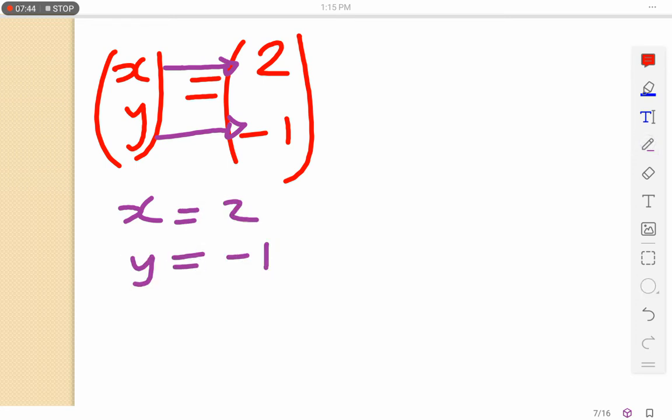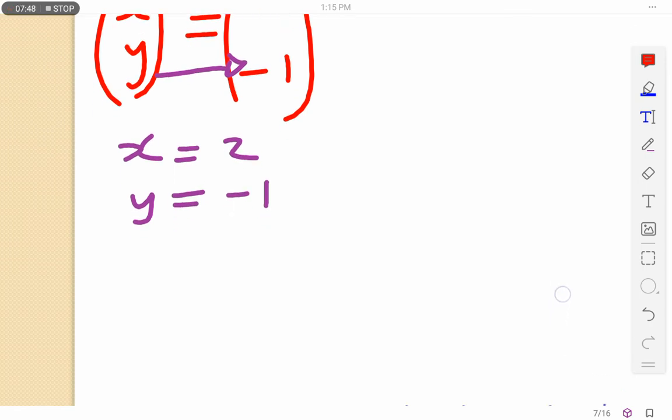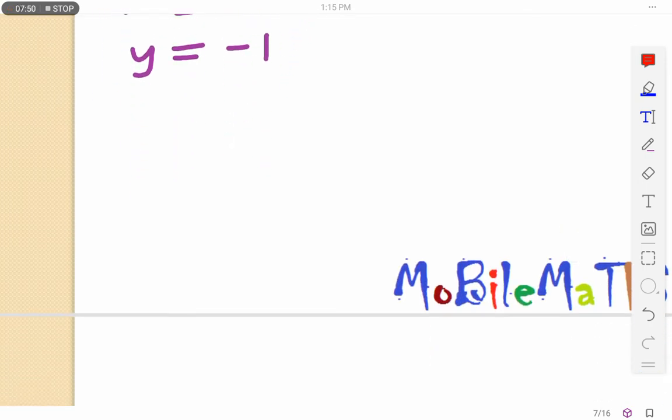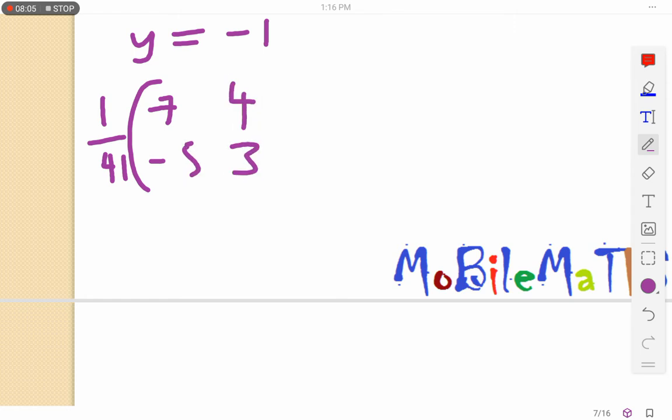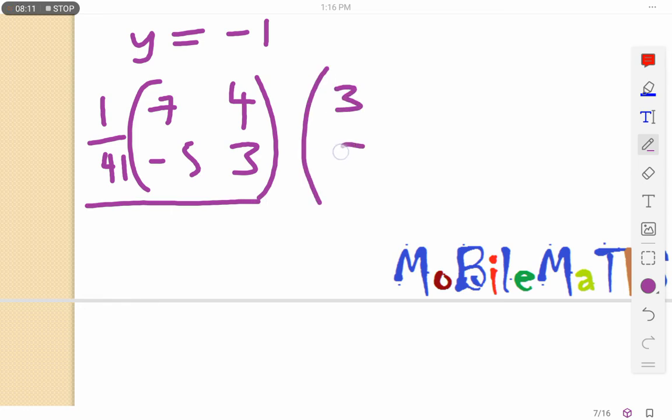Okay, so let's do the proof of our identity matrix, our inverse matrix multiplying with its matrix. Okay, so our inverse was 1 over 41 multiplying 7, -5, 4, 3. This is our inverse, and our matrix was 3, 5, -4, 7.